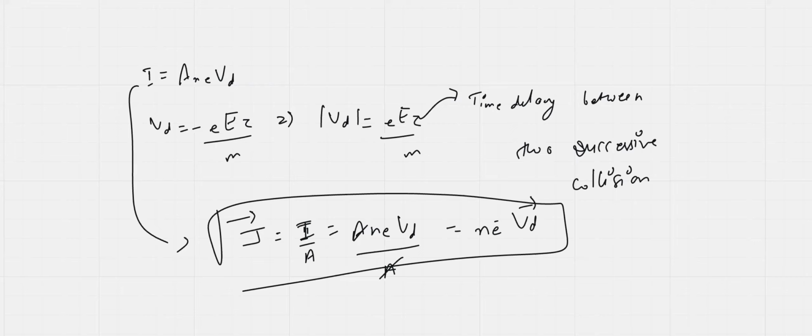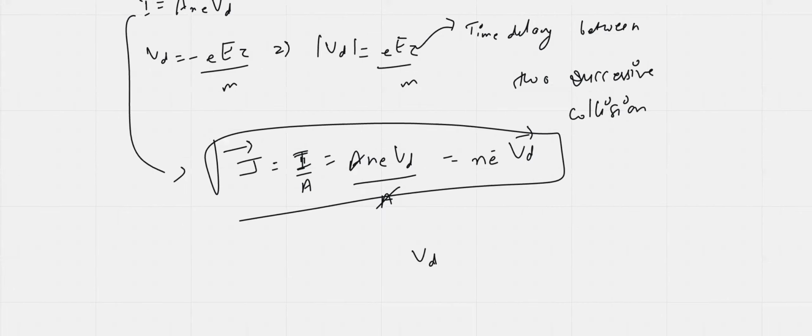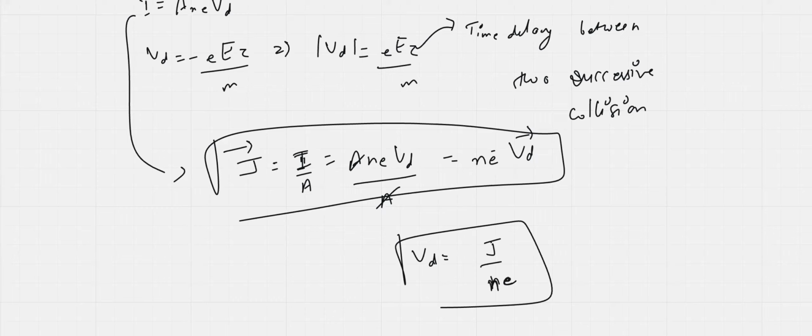This is a relation between current density and drift velocity. It's better if you remember the formula of Vd as J by ne, the current density divided by the number density into the charge. This is more useful, right?